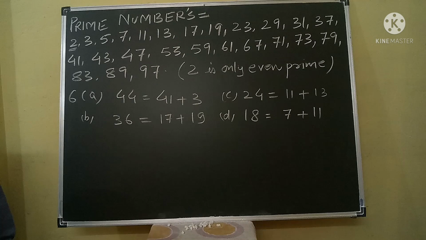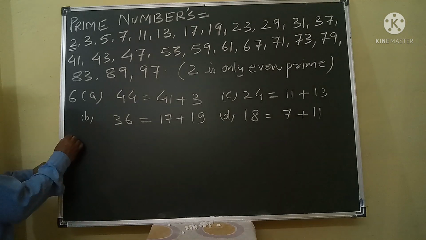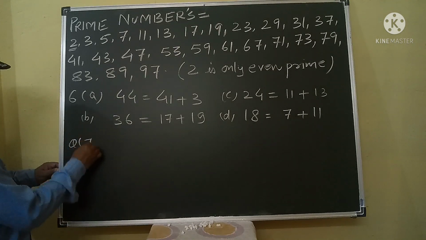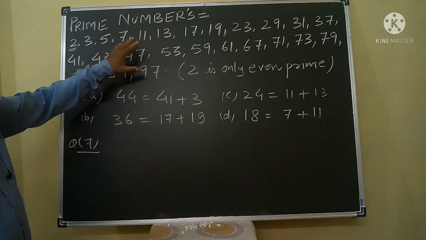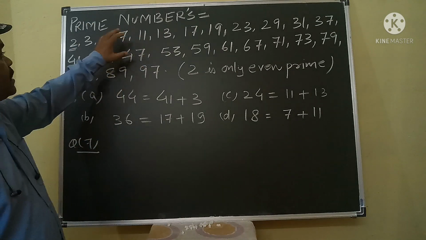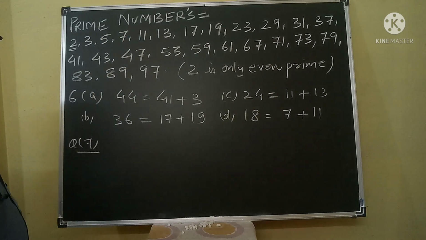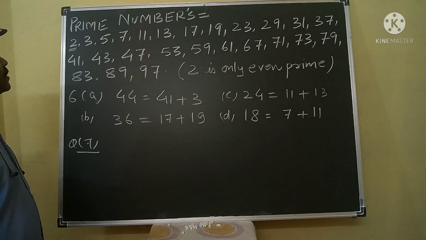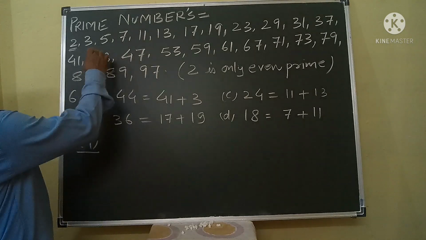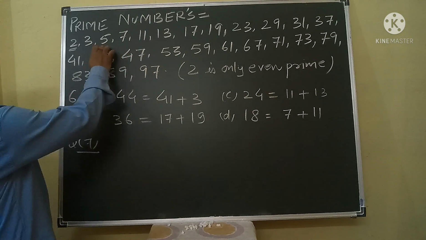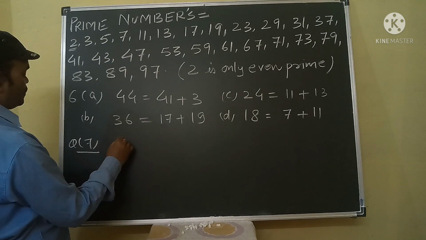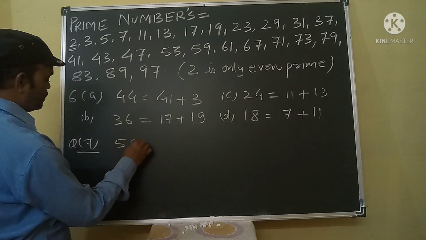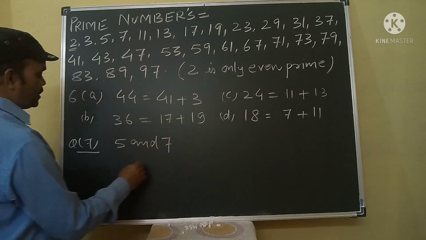So in question number 7, we can find two prime numbers whose difference is 2. There are many prime numbers whose difference is 2. For example, 5 and 7. This is the first pair.